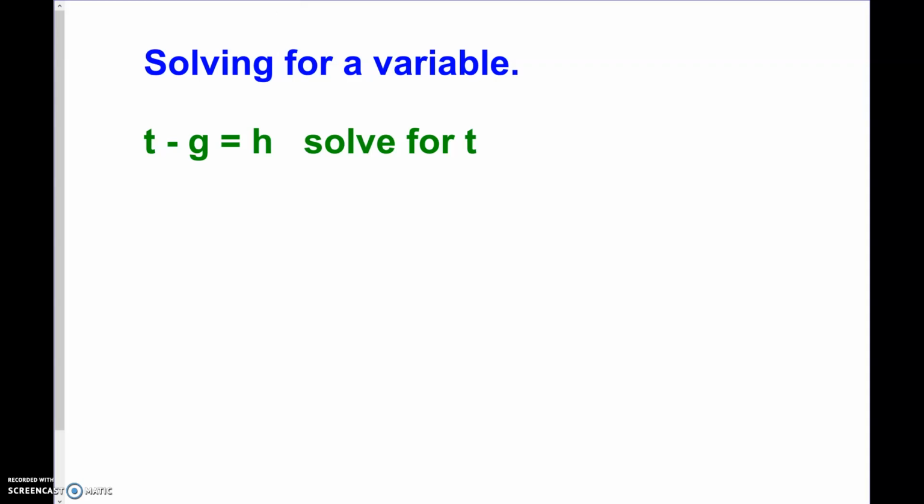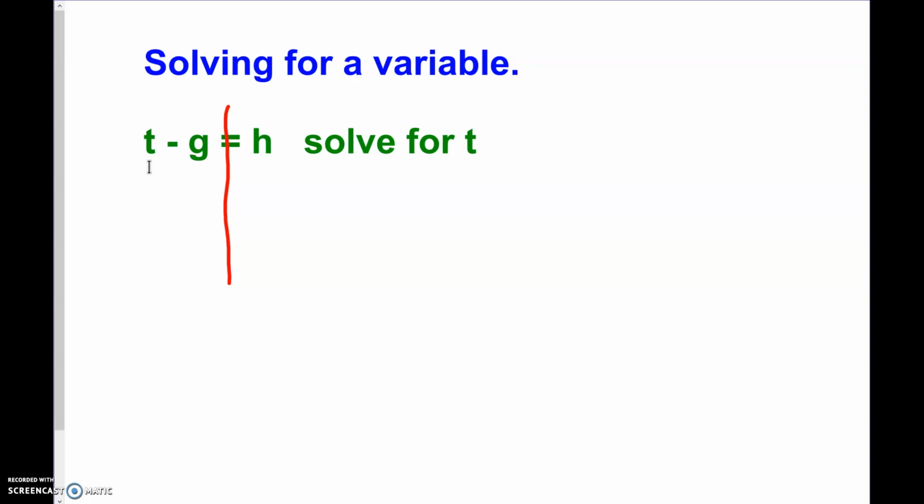So we're going to pick up where we left off in the previous lesson, and we're going to be doing some solving for a variable. Okay, in this first equation here, they want us to solve for the letter t. So if I draw my line down, I want to get t by itself. And what is by t that we need to move away?